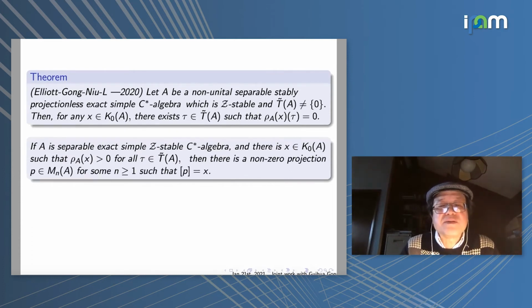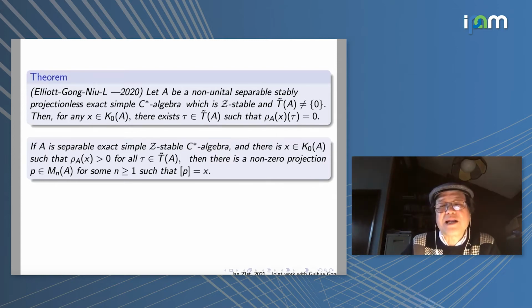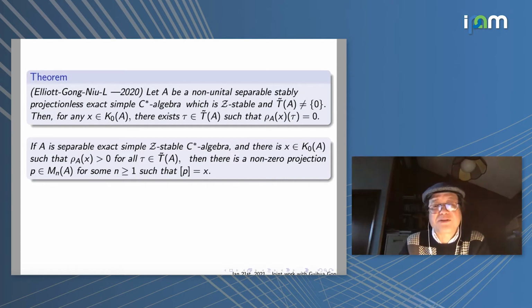Let me restate this theorem. It says if A is a separable exact simple Z-stable C*-algebra, and you have an element whose pairing gives you strict positivity, then it actually comes from a projection. This is what George called the strong version of weakly unperforated. So this allowed you to omit the positive cone, because this actually tells you what is positive.